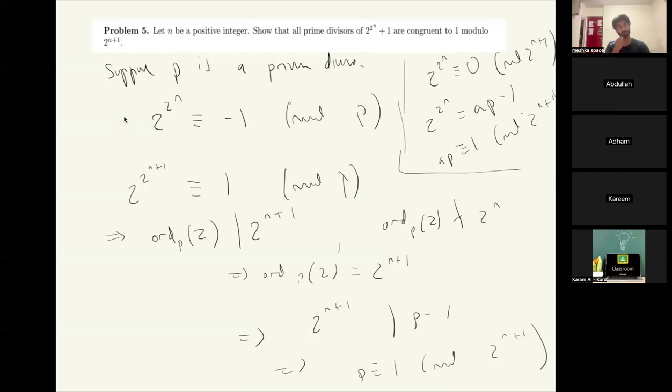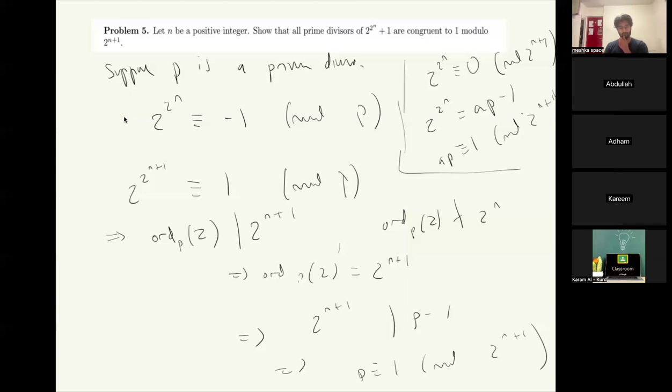Do you see? Right, so it's a very, very strong statement. Yes, Khan? Maybe we use the fact that 2 to the b minus 1 is congruent to 1 mod b. And so 2 to the GCD of 2 to the n plus 1 and b minus 1 is congruent to 1 mod b, and so the order divides the GCD.